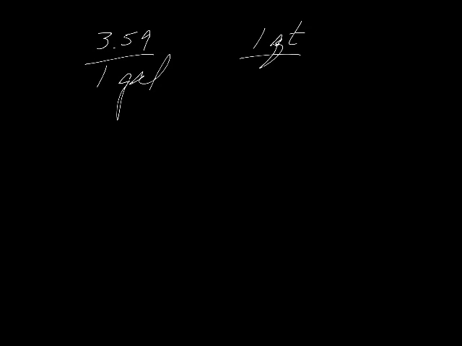If I have a gallon of milk that is $3.59 per 1 gallon, and I can buy a quart of milk for $1.29, let me switch that around here so that I have my dollars on top. $1.29 per 1 quart, and I want to find out which one is the better deal.